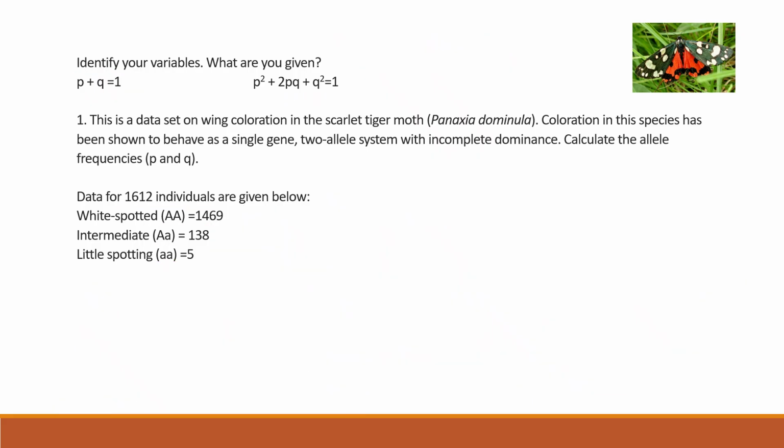The other way to do this problem is to calculate the genotype frequencies and use those to get to the allele frequency. Now you have to be careful with this one because, as we'll see a little bit later, sometimes you don't have all 3 of your variables. So you have to pay attention to what you do have.